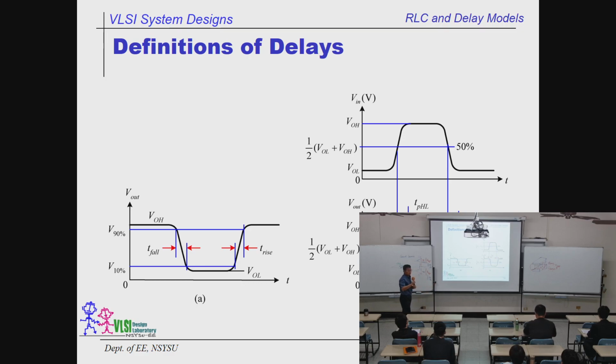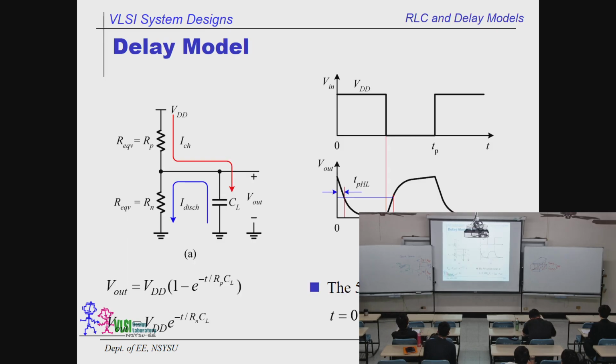So we have two delays, propagation delays and the transition delay. Propagation delay has two types, high to low or low to high. And for the transition delays, we have the falling edge and the rising edge. This is the definition of delays, which you have done already.